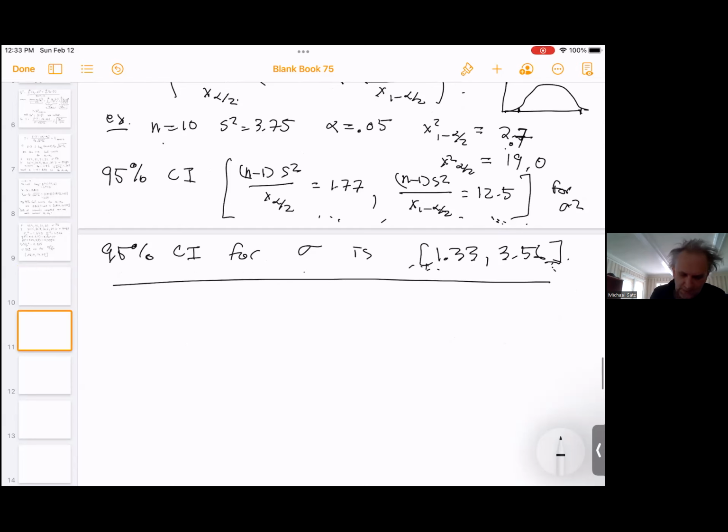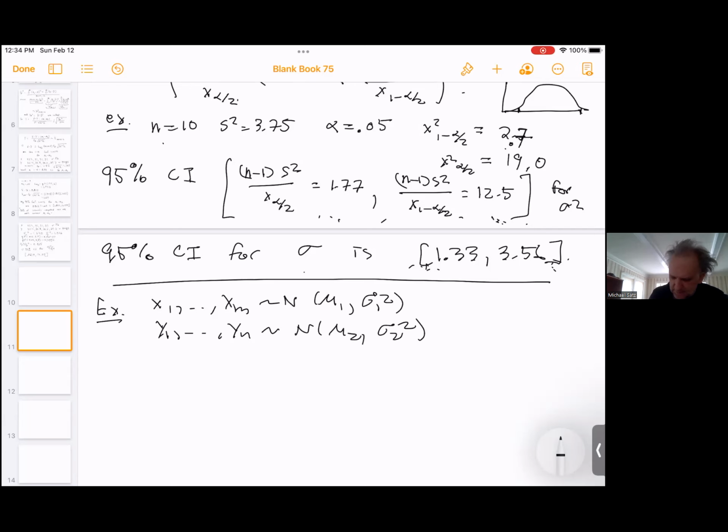So we can compare the variance of two populations using the same theorem. Suppose I have X1 to Xm normal, mu 1, sigma 1 squared, unknown, and Y1 to Yn normal, mu 2, sigma 2 squared, both unknown.